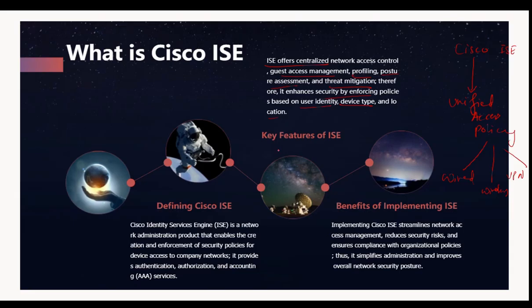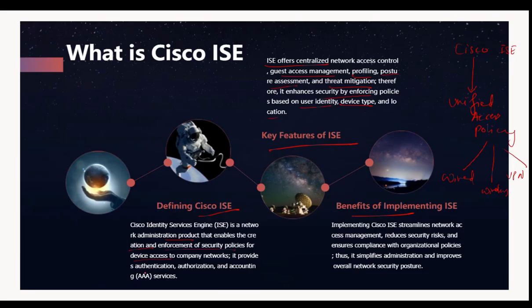Now, the key features and benefits of Cisco ISE are what we are covering here. In defining ISE, as we have just discussed, the Identity Services Engine is a centralized network access control. ISE is a network administration product that enables the creation and enforcement of security policies for device access to company networks.